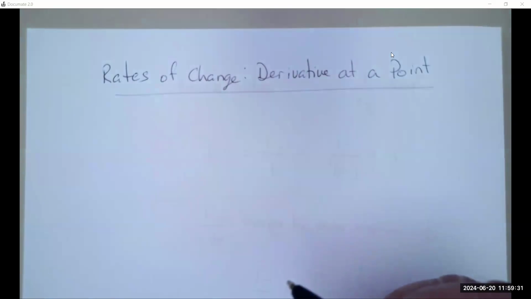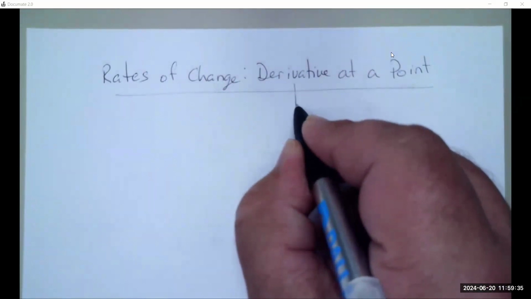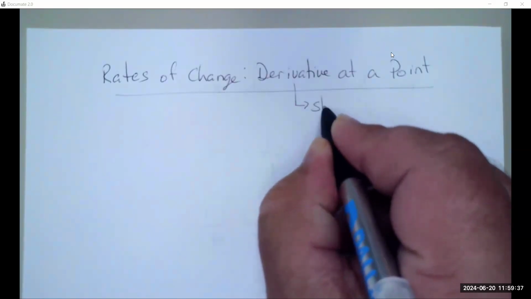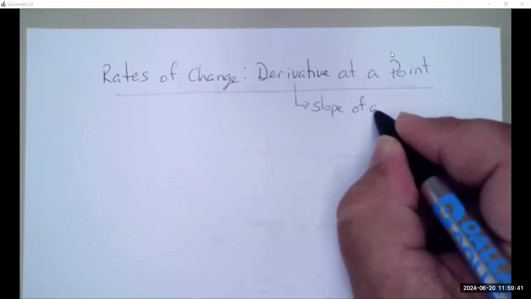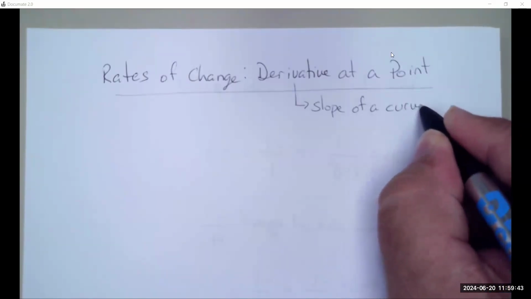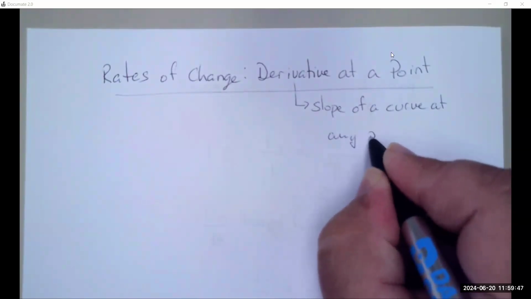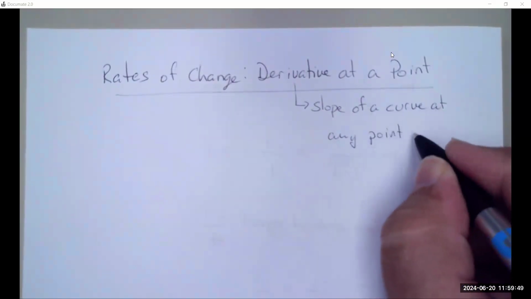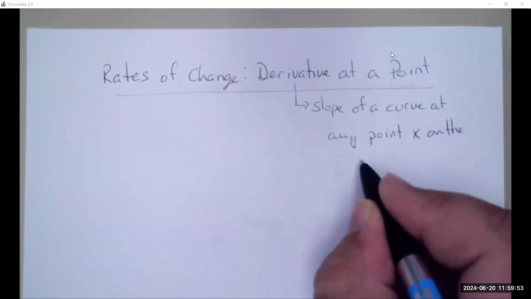The derivative represents the slope of a curve at any point x on the curve.